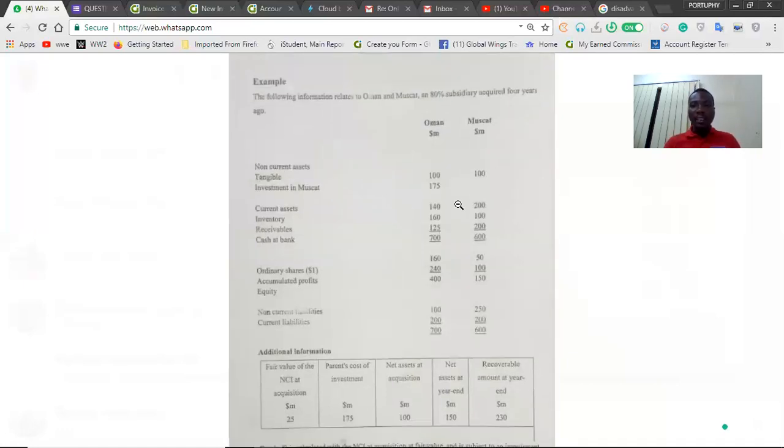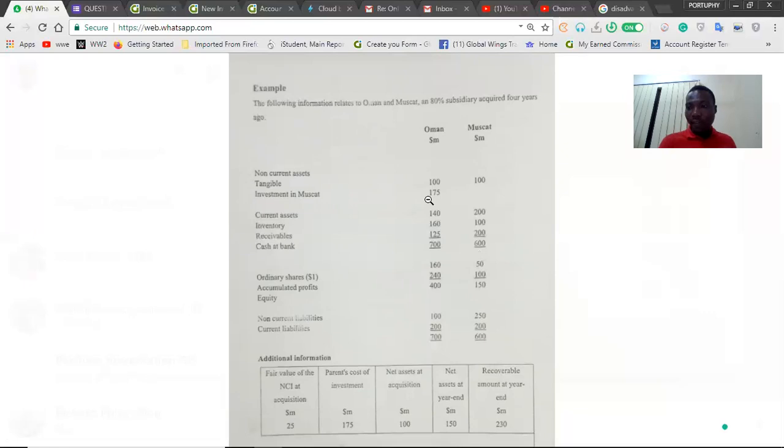Then 80 is the value of the business in books. So in the accounting records, the value of the 80% you are coming to invest in is 80 Ghana cedis. But how much are we giving it to him at? 175. So the fair value for the 80% he's purchasing is 175.